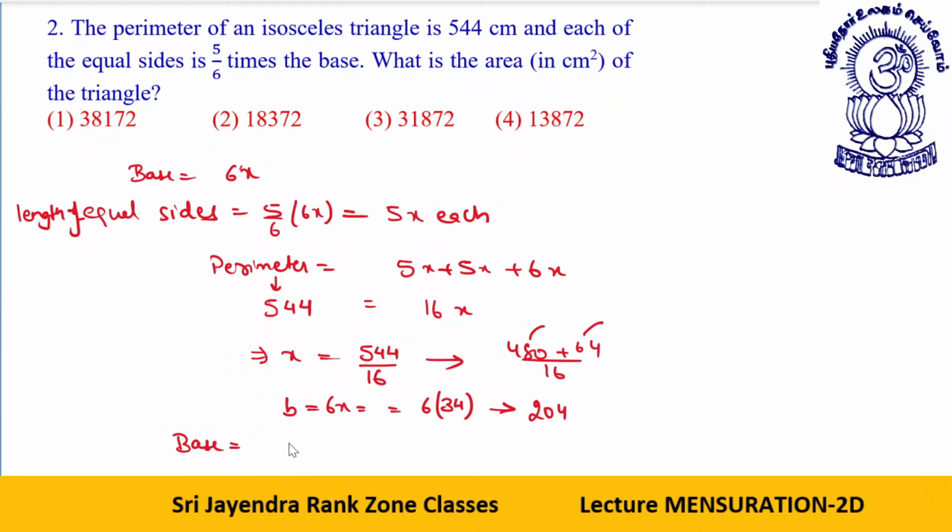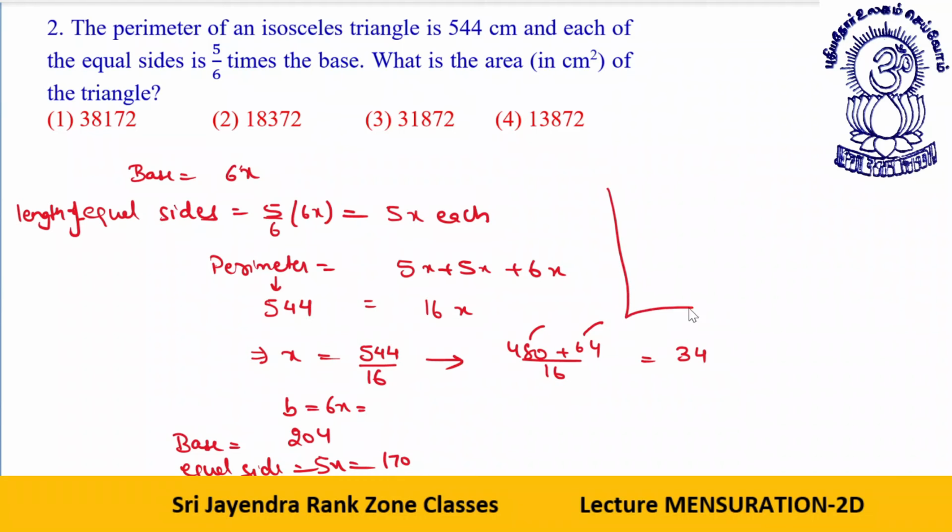This is the base. X is equal to 34, base B is equal to 6x, 204. What is the equal side? It is equal to 5x, which is 170.